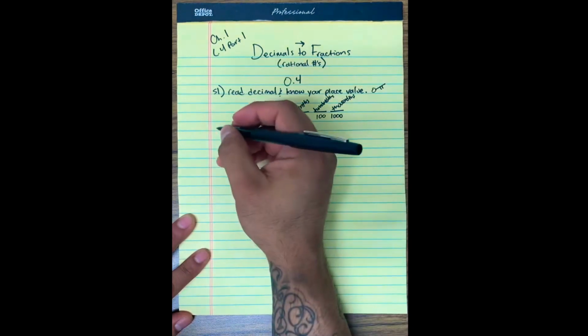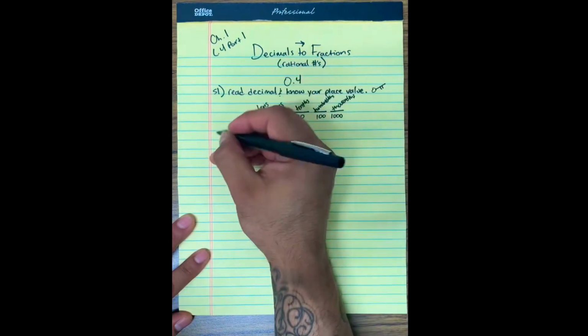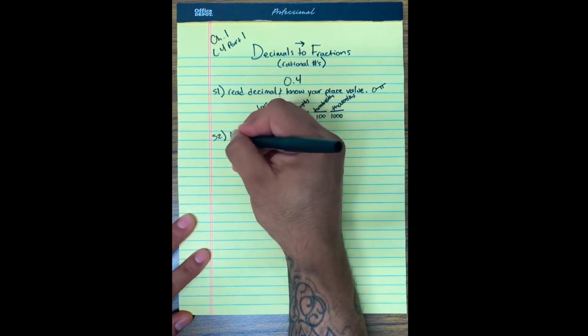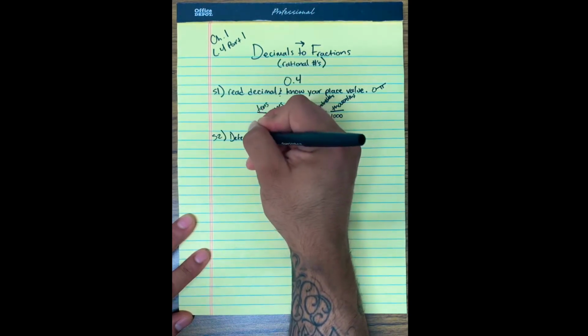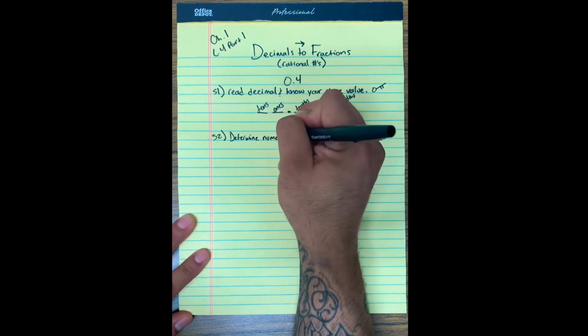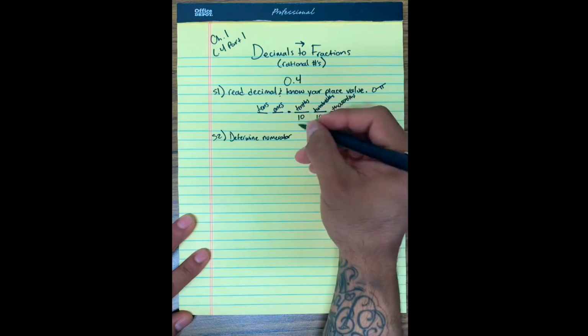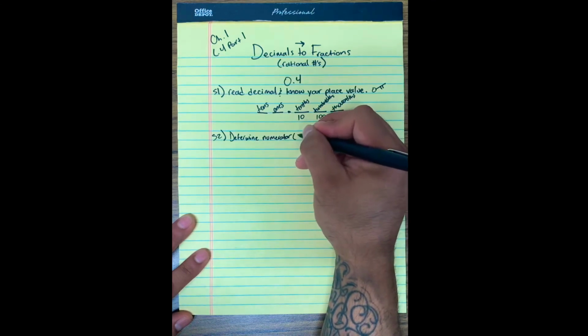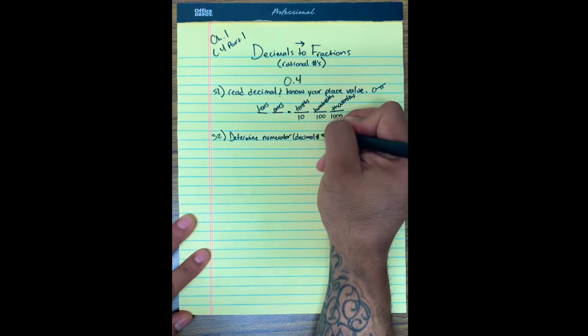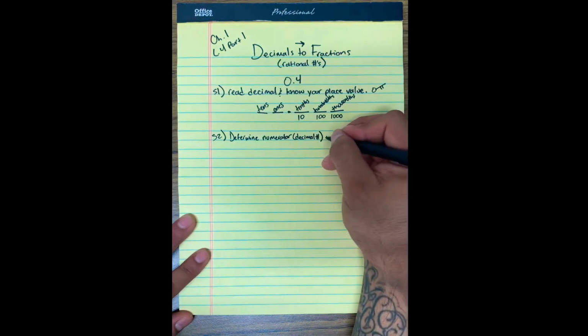The reason why I put a 10 under the tenths is that when we're talking about the tenths place, that's your denominator pretty much. It'll be a 10. Hundredths place, it'll be 100. Thousandths place, it'll be 1,000. So step 1 is read the decimal and know your place value.